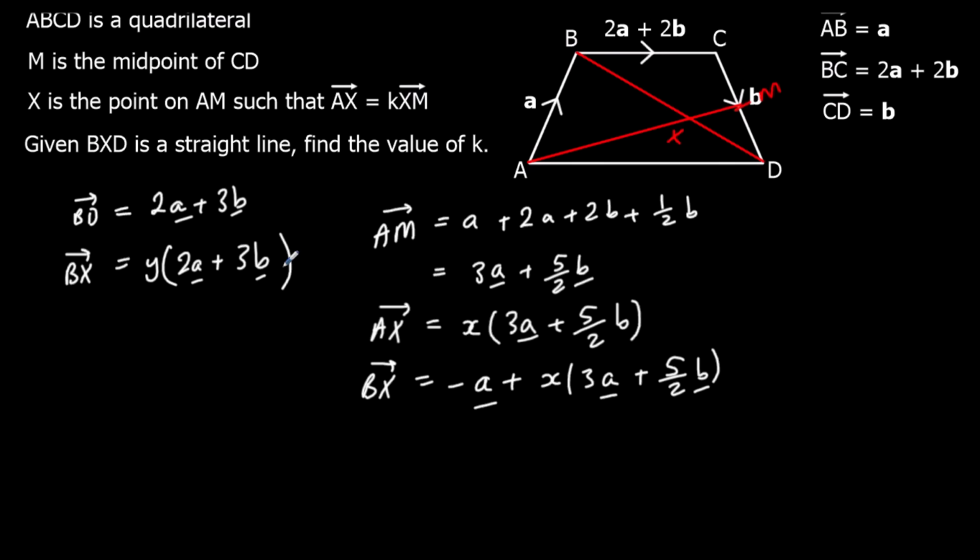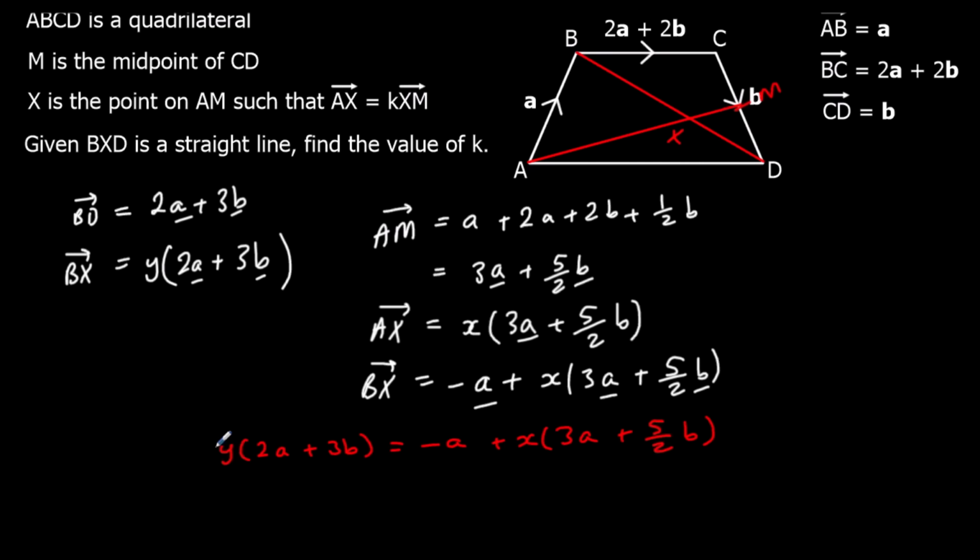So now we've got two B to X's. We can make simultaneous equations. So we can say y times 2a plus 3b equals negative a plus x times 3a plus 5 over 2 b.